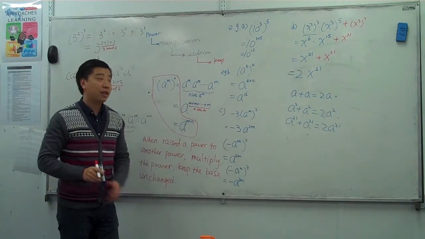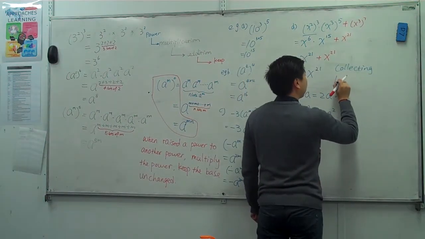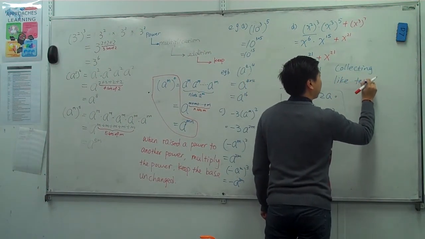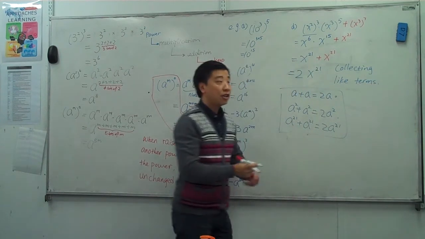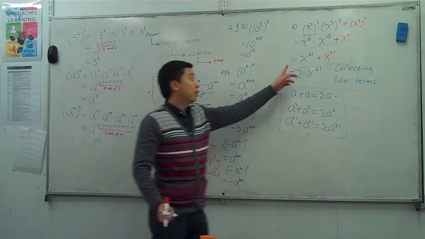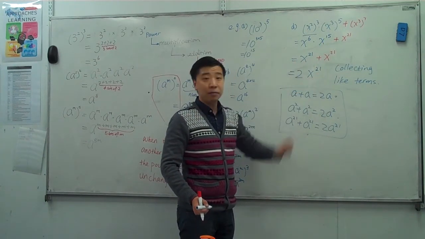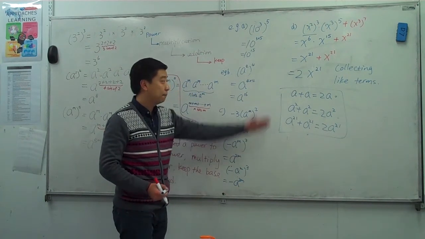Okay? This is collecting like terms. Some people forgot collecting. Actually, the last step is collecting like terms. You plus the coefficient, leave the pronumeral unchanged. Okay?